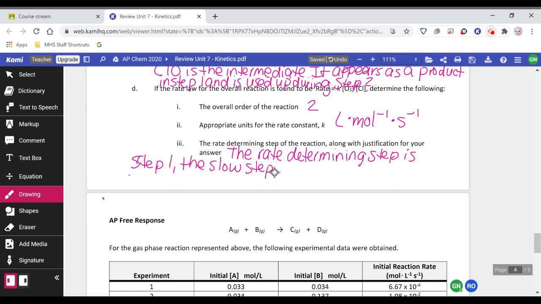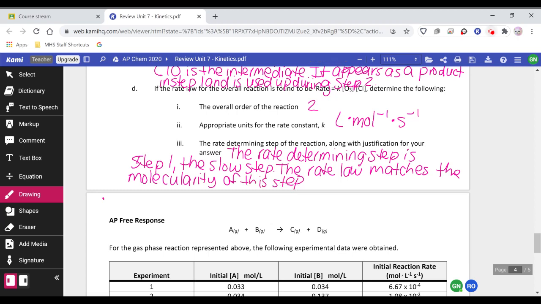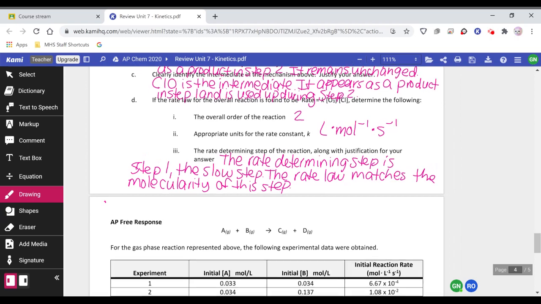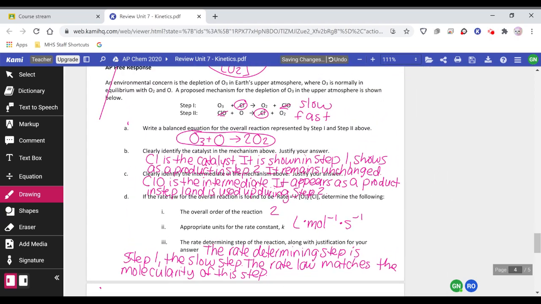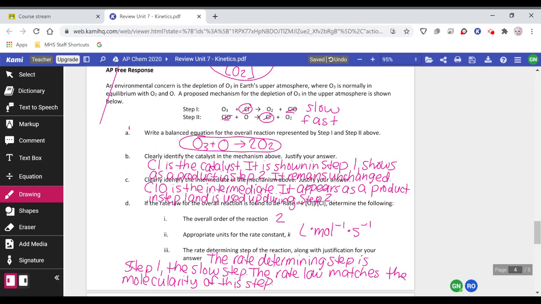And then for our wording there, the AP really wants us to use that word molecularity. Okay, so the rate law matches the molecularity of this step. So I guess if they didn't label, we could have determined that anyway, because we know an overall reaction.